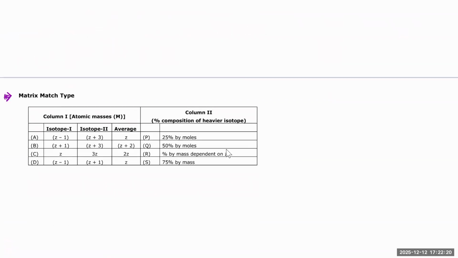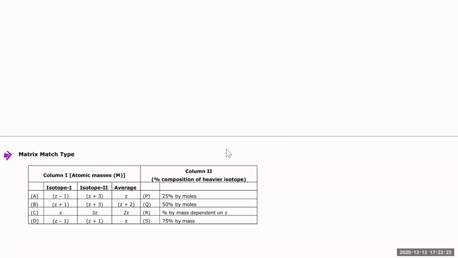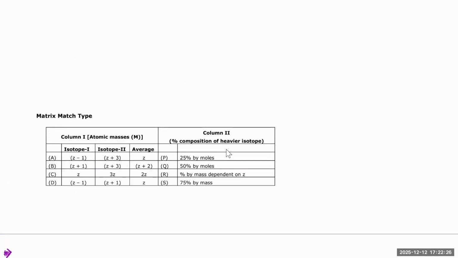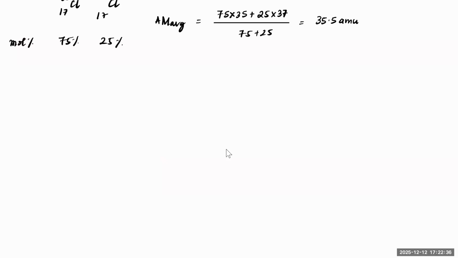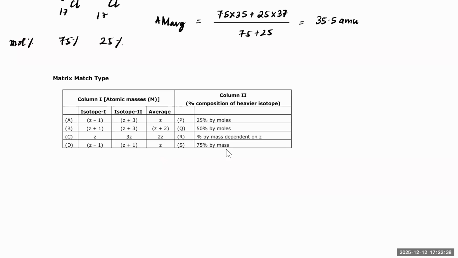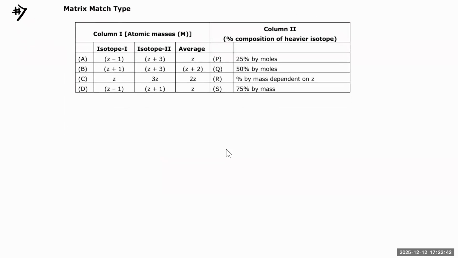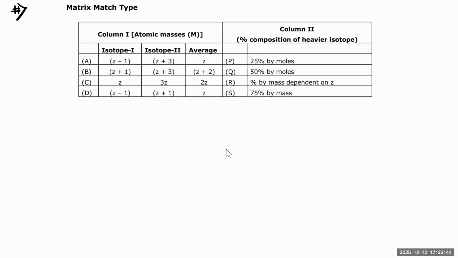Now notice this question. Let's check this question now. The question asks to find the matrix match of isotope 1, isotope 2, and the average is given.